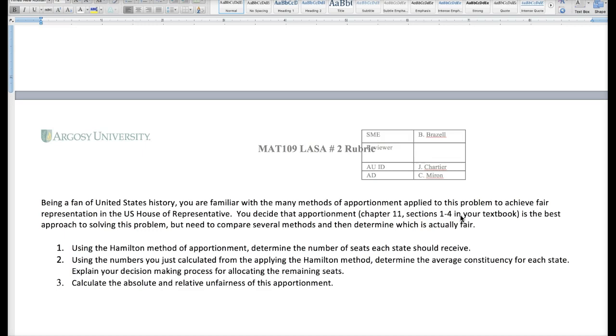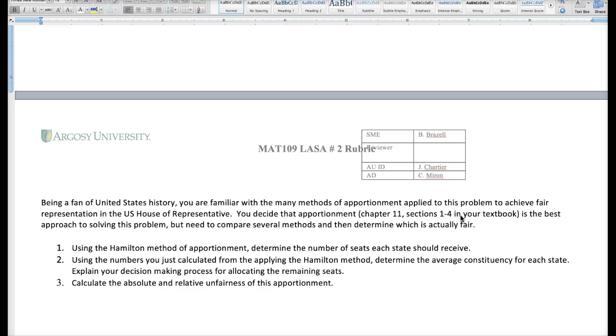Now, out of all the apportionment methods that we speak of, we want to focus on the Hamilton method of apportionment, okay? And we want to use that to determine the number of seats each state should receive. Using these numbers that we just calculated here, we want to determine what's called the average constituency of a state.